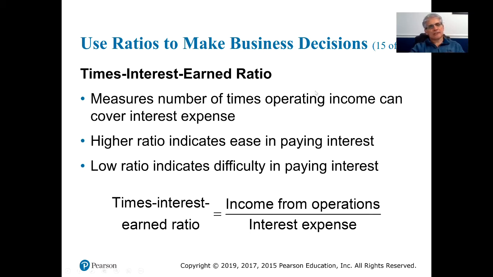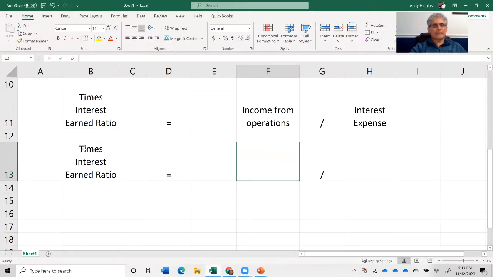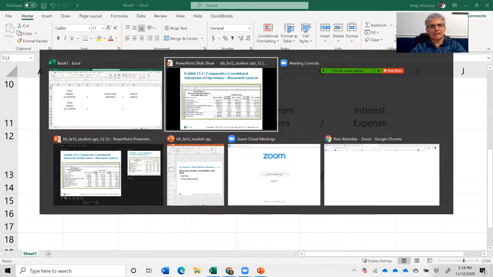So we're going to look at this computation. Times interest earned ratio is equal to income from operations divided by interest expense. So plugging the formula into the spreadsheet, we'll see times interest earned is equal to income from operations divided by interest expense. Go to slide number 10.